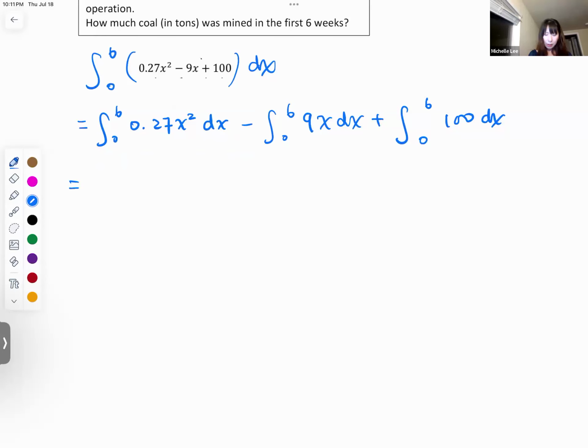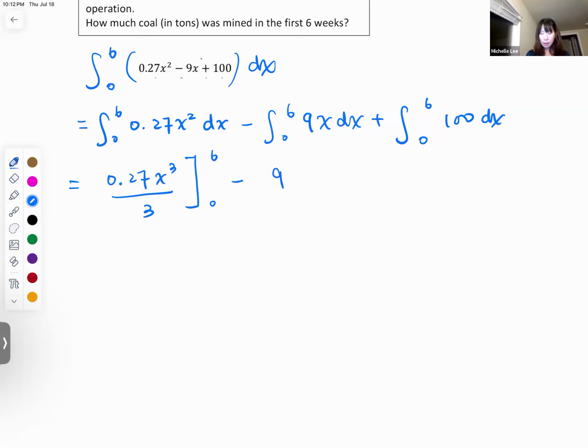Okay, so we want to make the antiderivative: we keep the coefficient, we add 1 to the power, and then divide by the new power. And we want to evaluate from 0 to 6.